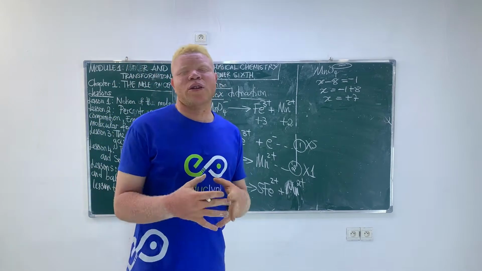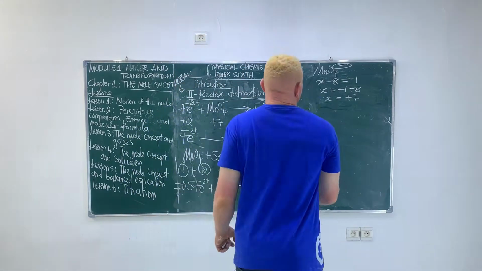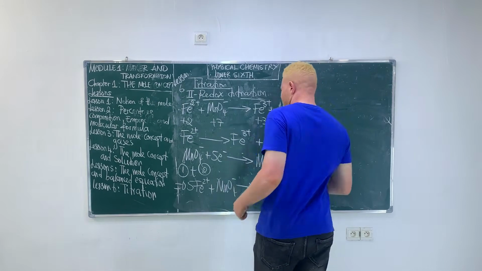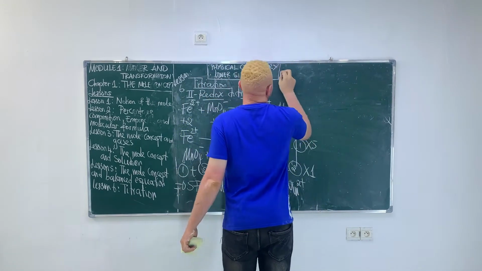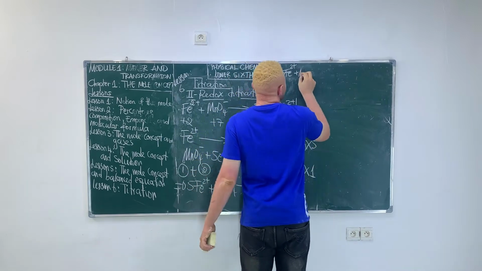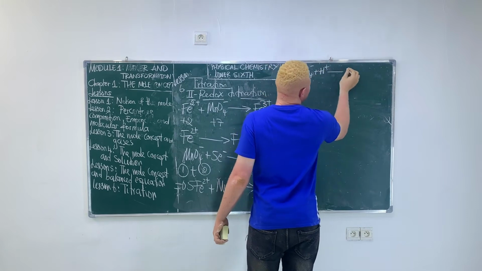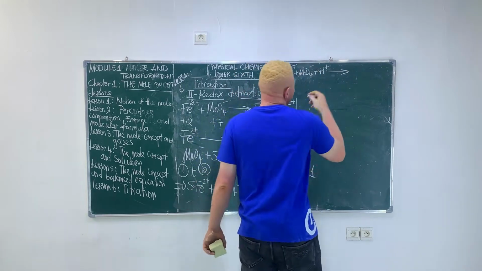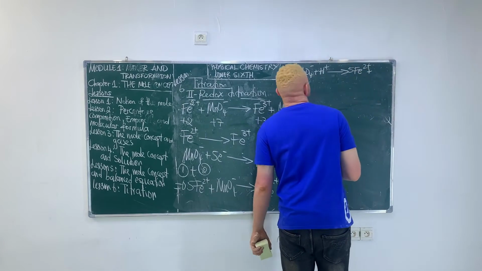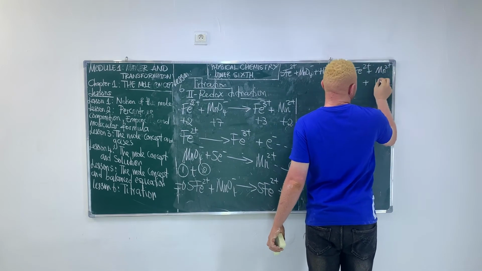So let's balance this equation in an acidic medium: 5 Fe2+ plus the permanganate ion plus H+ gives 5 Fe3+ plus the manganese ion plus water.